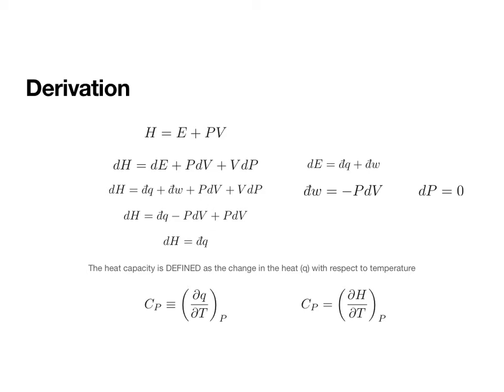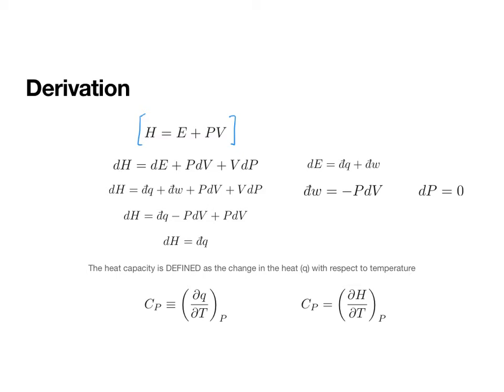So the enthalpy is given as H, and we can show, I kind of skipped this part in our first videos, but with the same sort of Laplace transformations that we were working with in this first section, we can get to this relationship that H is equal to E plus PV. And so from there, we can do what's called a total differential.